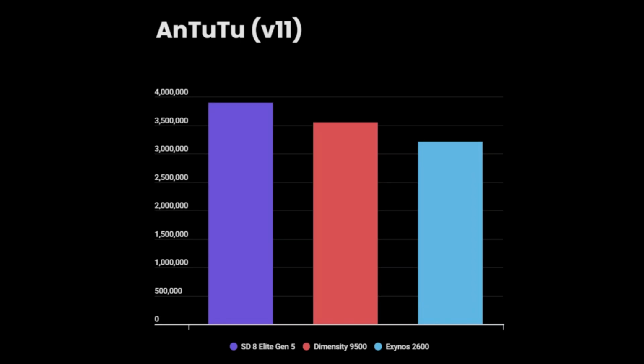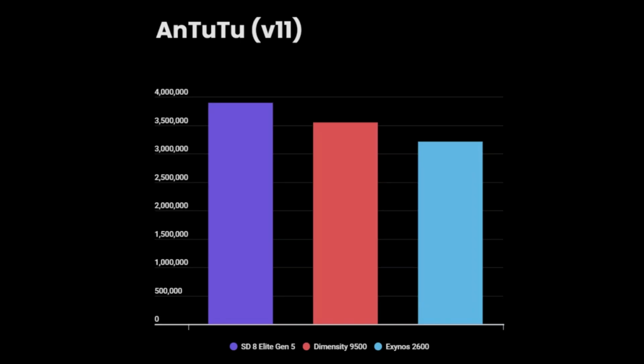The Snapdragon chip also scores the highest in the GPU test among the three chips, with a total of 1.56 million. The Dimensity 9500 is just behind it with 1.41 million, while the gap widens with the Exynos 2600, which has scored just 1.21 million points.